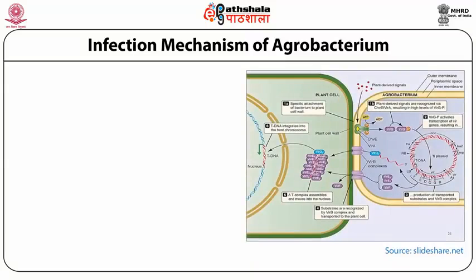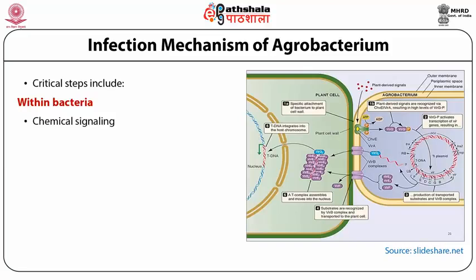How does the infection of Agrobacterium occur in plant cell? There are certain critical steps, which include bacteria perceiving chemical signals coming out from the plants, which are mostly phenolic compounds, produced by plants when the plant is injured. And when these phenolic compounds are perceived by bacteria, they induce a set of genes known as virulence genes, Vir genes, and produce Vir gene products.